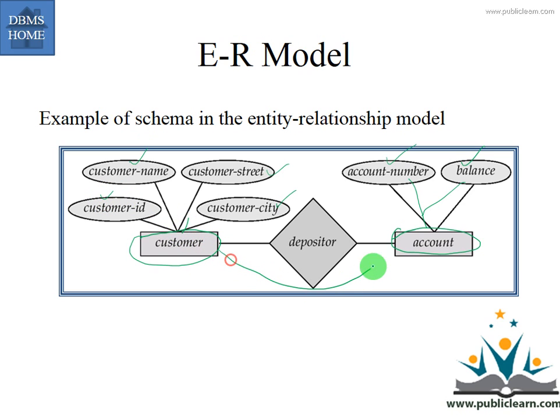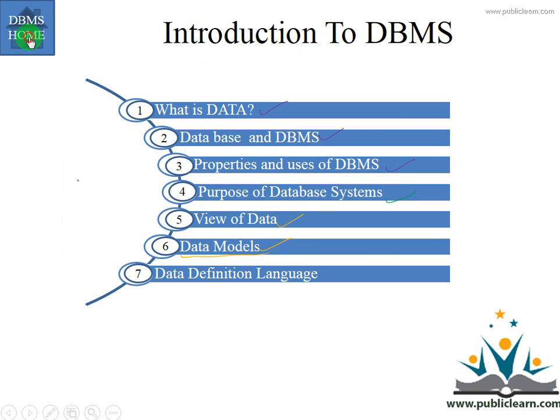To relate these two entities, depositor is a relation. This is how we can design an ER model to understand the relations and the process in the application. Get back to the main menu.